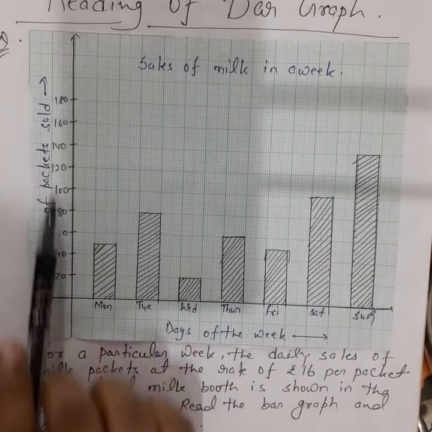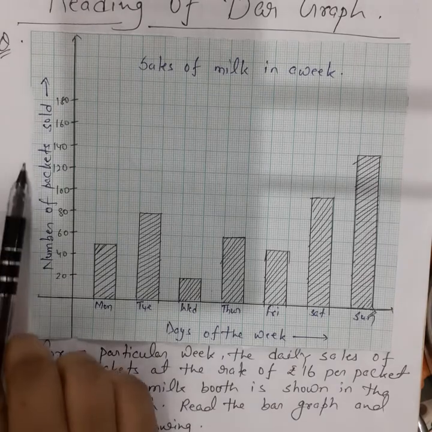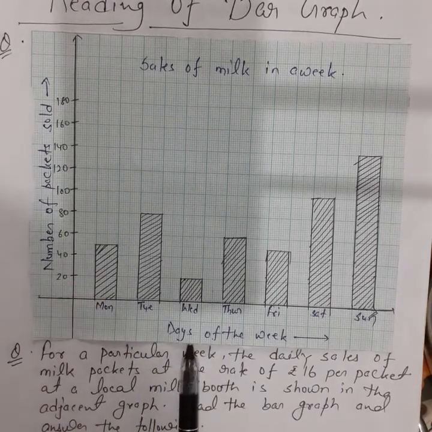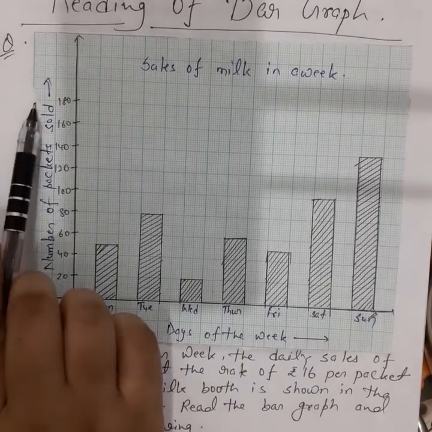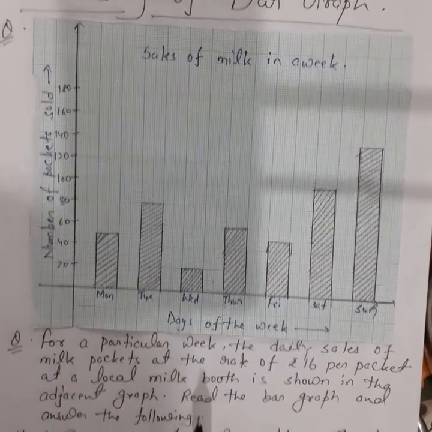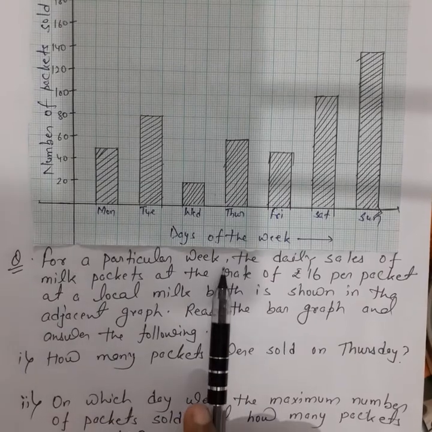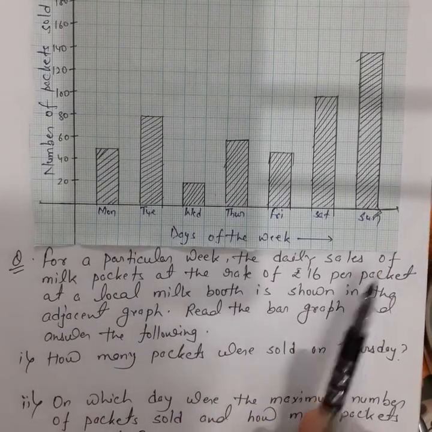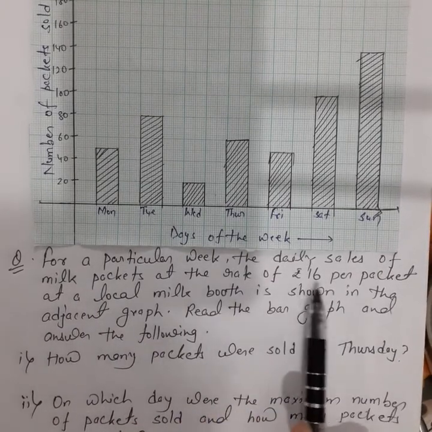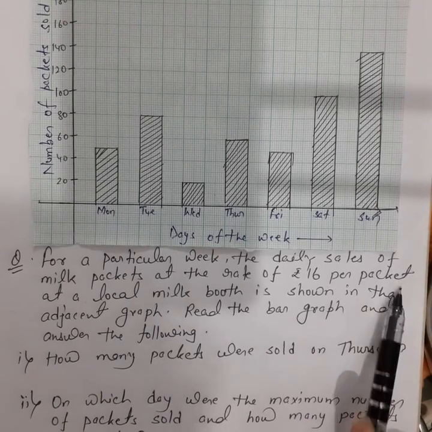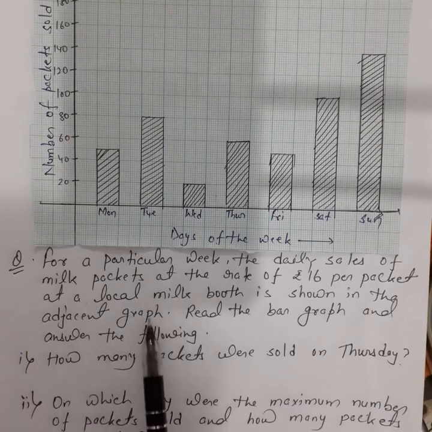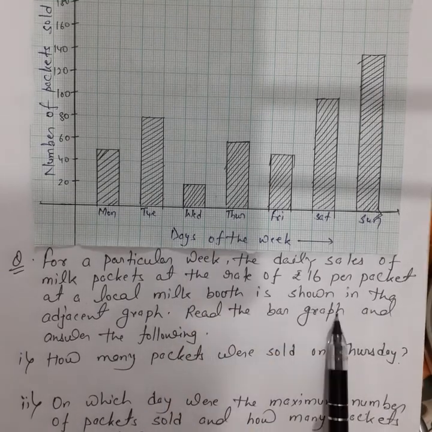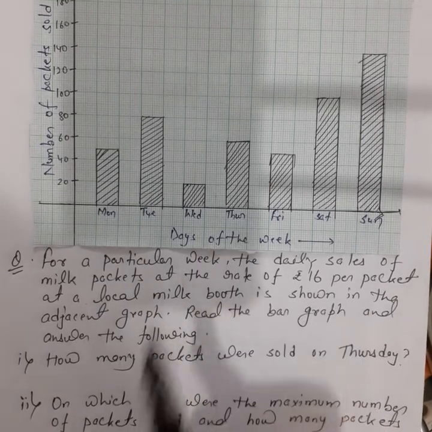On the x-axis, days of the week, and on the y-axis, the number of packets sold. For a particular week, the daily sales of milk packets at the rate of rupees 16 per packet at a local milk booth is shown in the adjacent graph. Read the bar graph and answer the following questions.